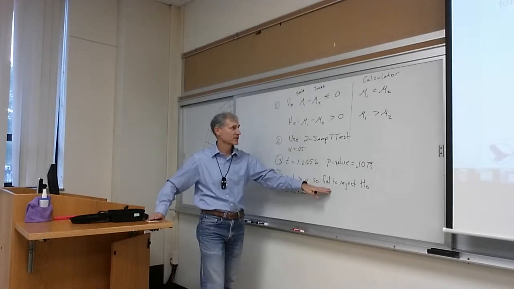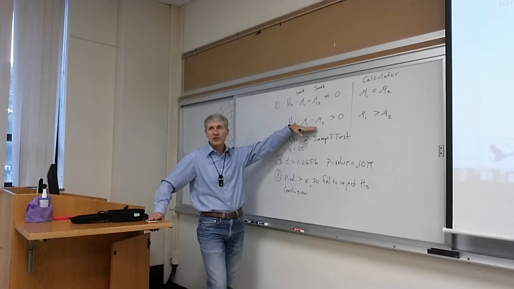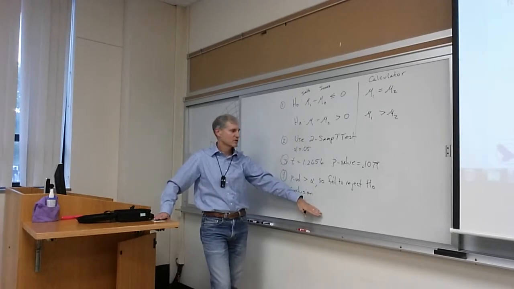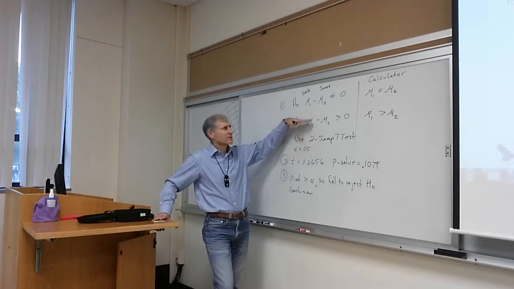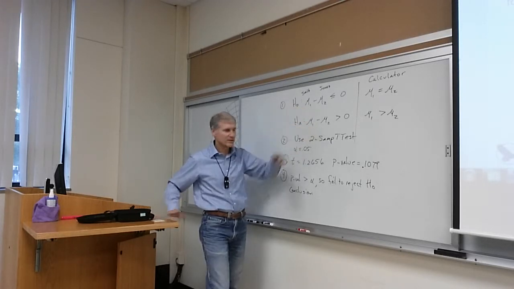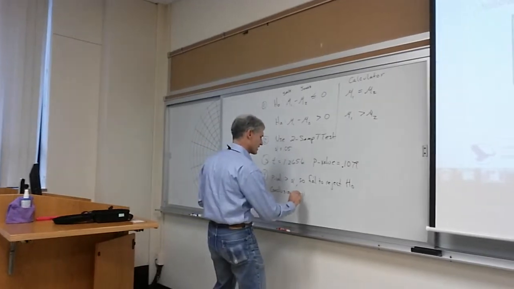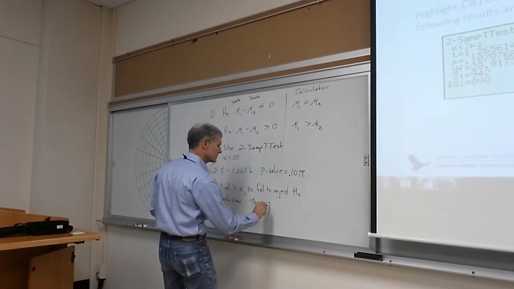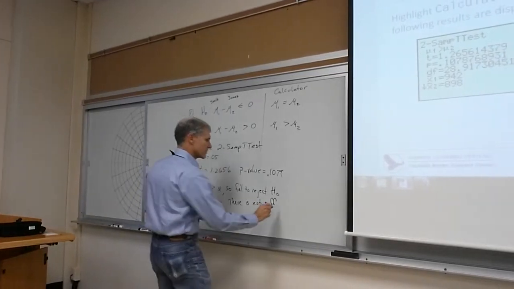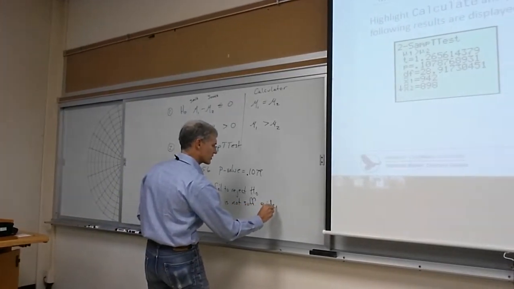Since we failed to reject the null, you always talk about the alternative in this conclusion statement. And so since we aren't going to reject the null, we cannot support the alternative. So there is not sufficient evidence to conclude.